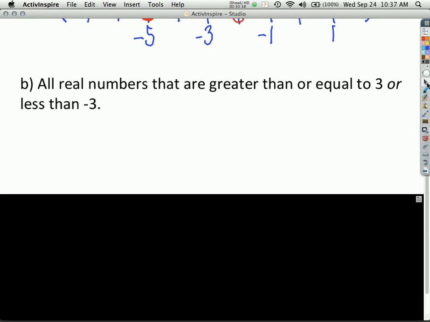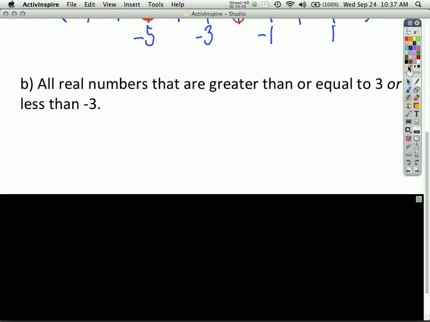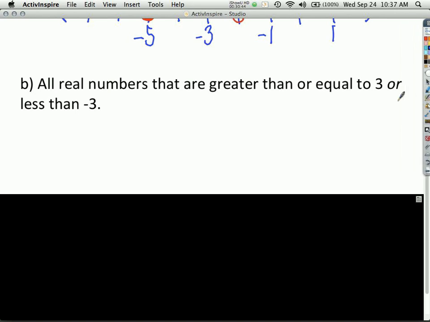So I already gave it away that this is an or inequality. There's a couple of word ors in here, but as Jesse explained, greater than or equal to actually goes together. This or is the one that's connecting them.